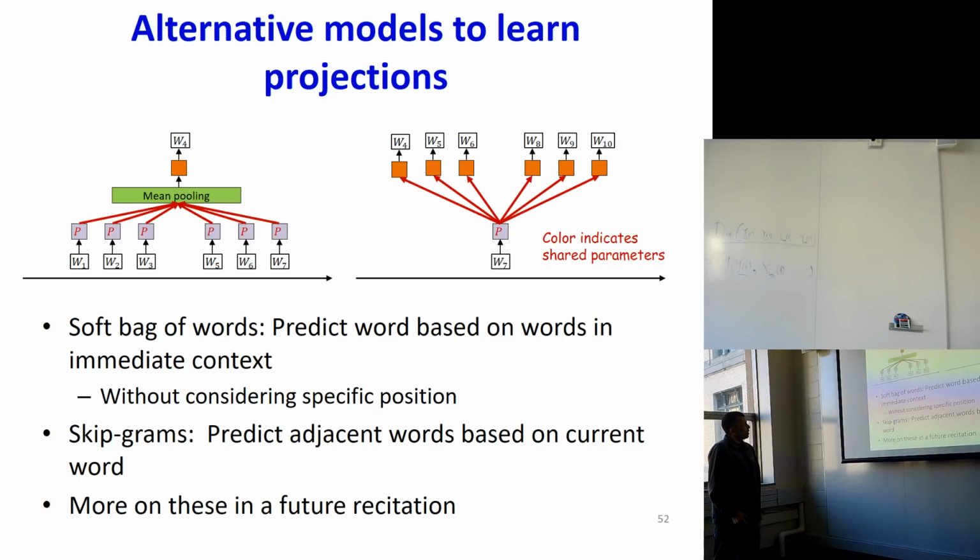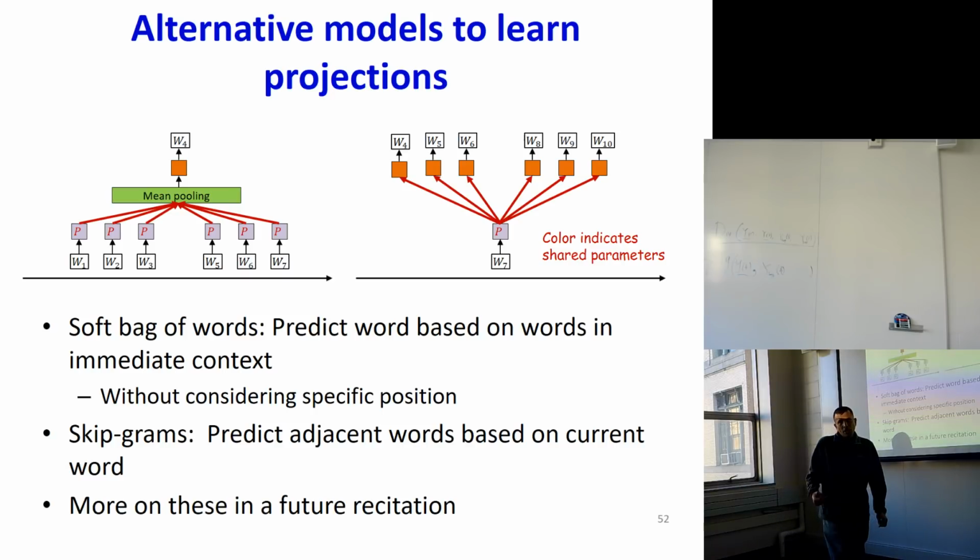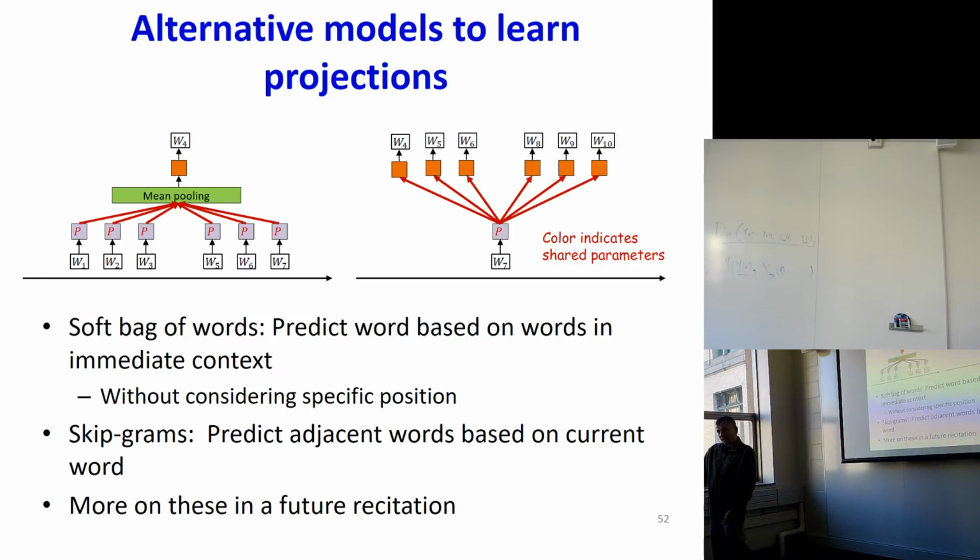You make projections from all of these words, do a mean pooling, and predict the next word. Or you have something called skipgrams, which predicts all of the adjacent words based on the current word. All of these are different variants of making predictions of words in a sequence based on other words in a sequence, and in each case, the models can be learned using just straight up backpropagation.